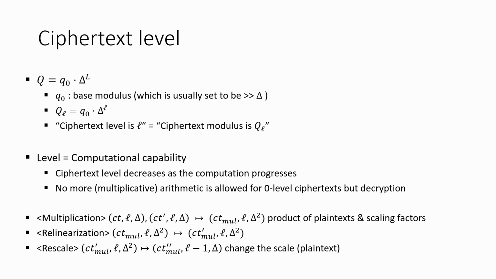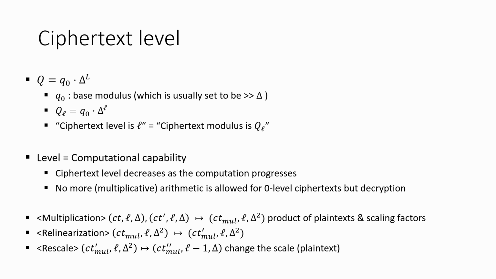And we say that a ciphertext has level L if its ciphertext modulus is Q sub L, which is the product of Q0 times delta to the power of L.